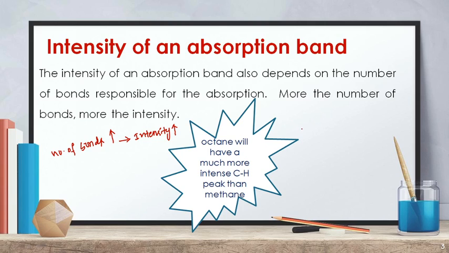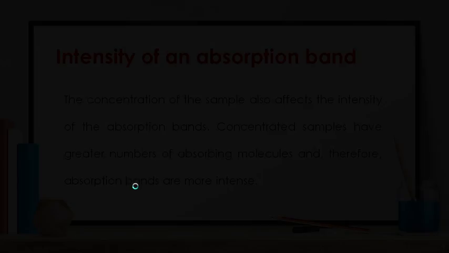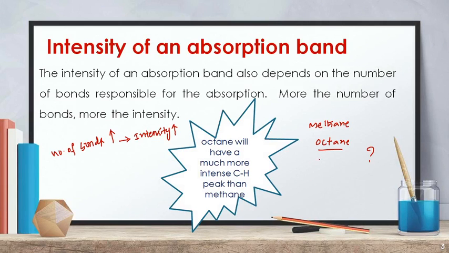Suppose here I am taking the example of methane and octane. Octane will have a much more intense CH peak than methane. How? Because methane has CH4. This is the molecular formula for methane.